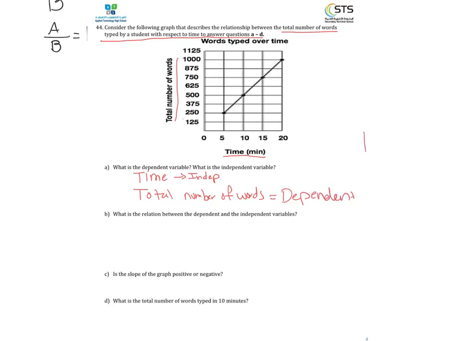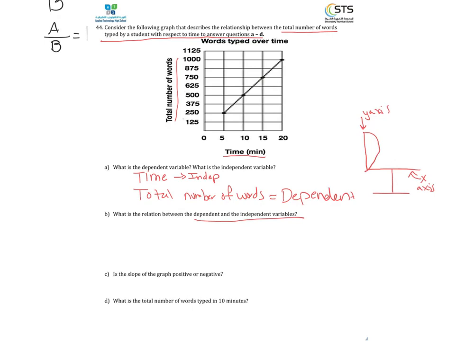To give you a hint, the dependent variable will always be on the y-axis, and the independent variable will always be on the x-axis. That's a hint for you. What is the relation between the dependent and the independent variable? Well, let's look at our graph.